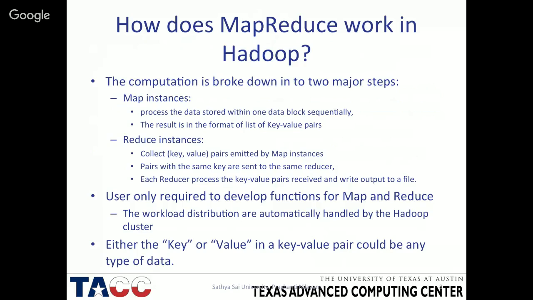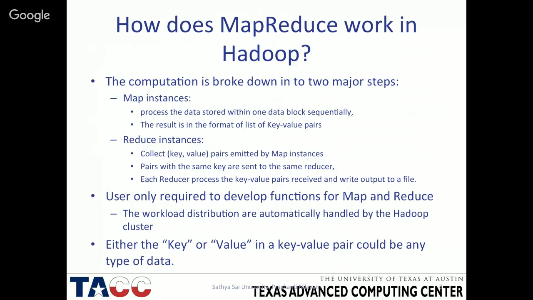If you don't give the key, it still has a default value associated with it. Also, the key value pairs could be of any type. It could be an integer for your key, or it could be text for your key. Or if you want a more complex object for your values, that's also possible, as long as your program can correctly recognize them.